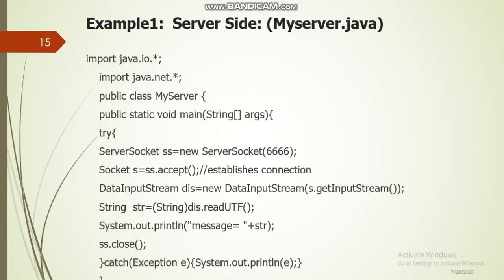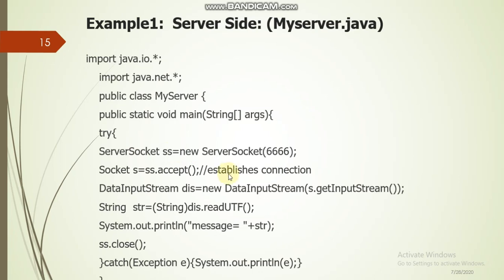Now, at server side here, we have used ServerSocket ss equal to new ServerSocket, where the port is 666. Remember, we said at server side we only specify the port number, whereas at client side we specify both the machine name and the server port number.